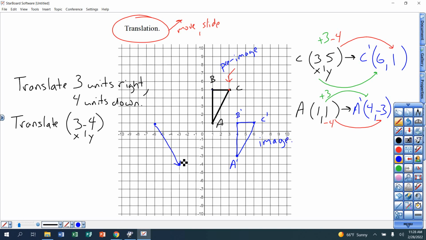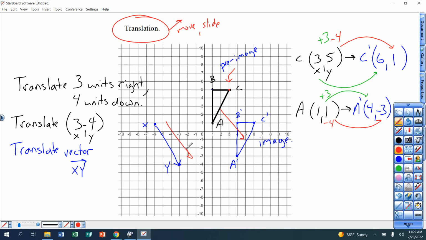You could say another way is to translate along a vector xy, and as long as you draw an arrow that has that same pattern, right 3 down 4, you could draw an arrow off in space to show someone which direction to move that triangle. It doesn't say move it from over here. It just says take this triangle and move it in this pattern in that direction.